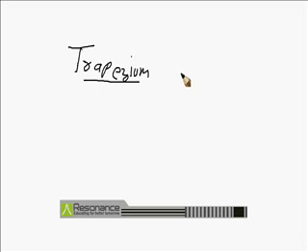We study about trapezium. Trapezium is basically a quadrilateral in which one pair of opposite sides are parallel.